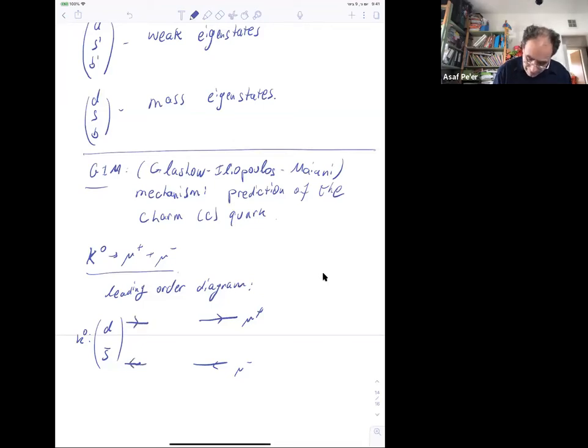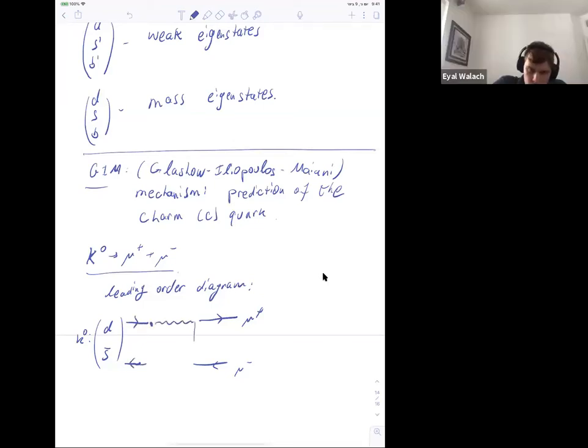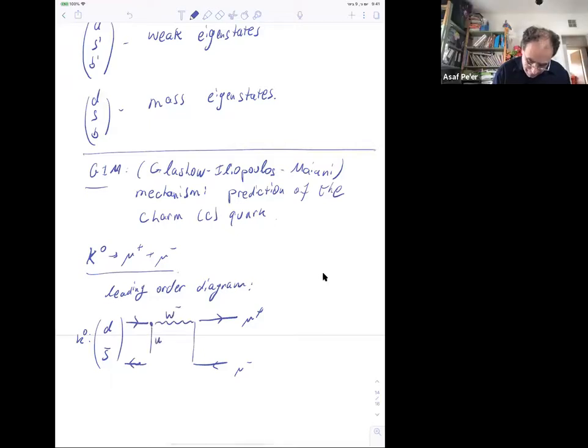So we have one exchange of a W, and that will turn into an up, and the second exchange of a W, and that will turn into a neutrino mu, of course. The coupling here should be cosine theta Cabibbo, because it connects the down and the up of the same generation, and this would be the sine theta Cabibbo.